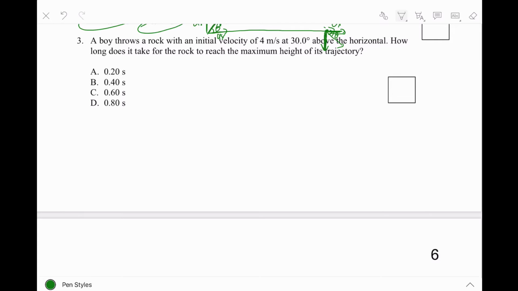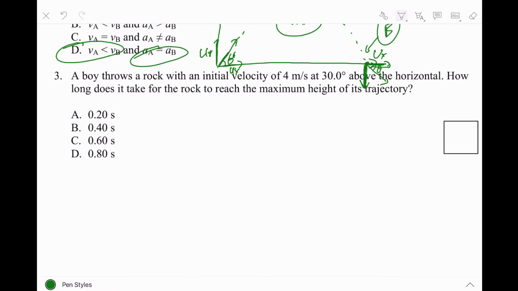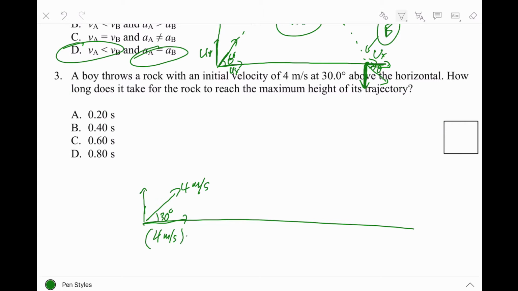Now, again, this is 30 degrees, so you have 2 components. This is 4 meters per second. Now the x component is of course 4 cosine 30 degrees. The y component is 4 sine 30 degrees meters per second.